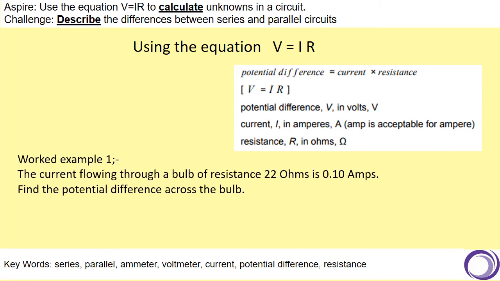Worked example then. I will let you look at it first before I fill it in for you. It tells us the current flowing through a 22 ohm bulb is 0.10 amps, and we have to find the potential difference across the bulb.